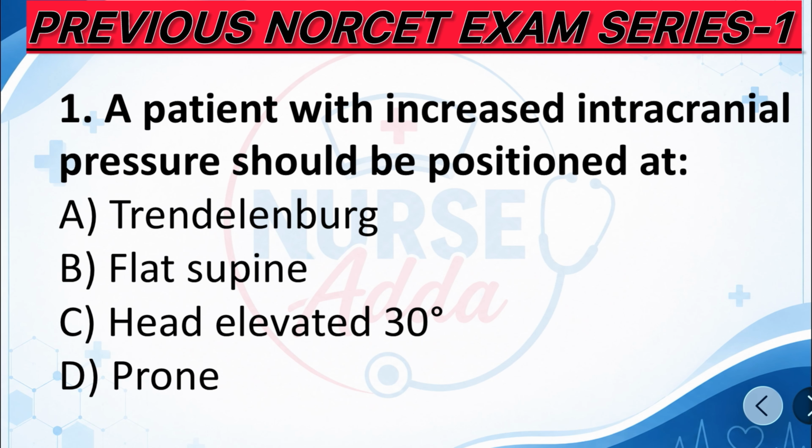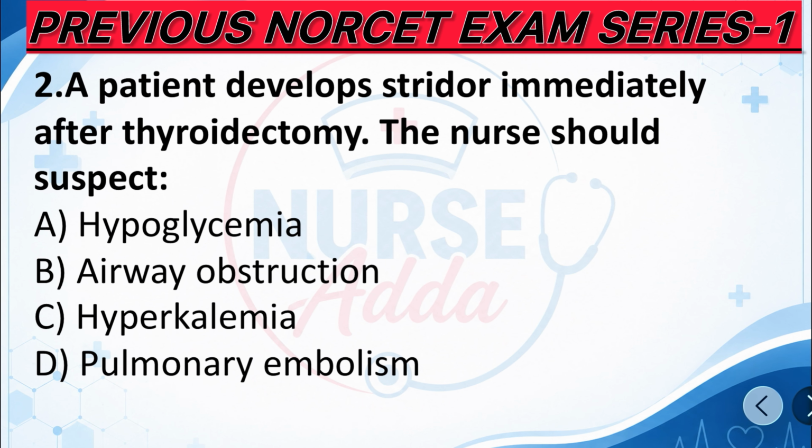Question number 1. A patient with increased intracranial pressure should be positioned at Trendelenburg, flat supine, head elevated 30 degree, prone. The right answer is option C. Next one.